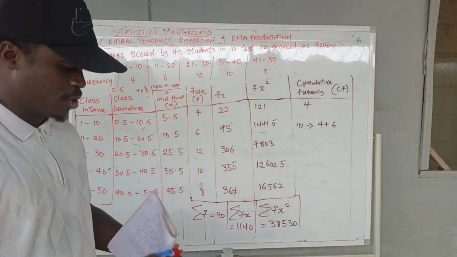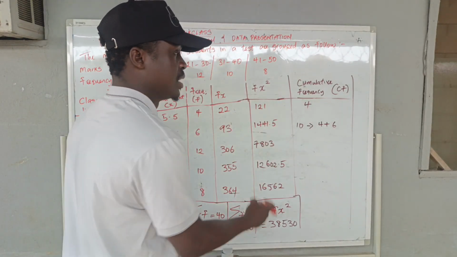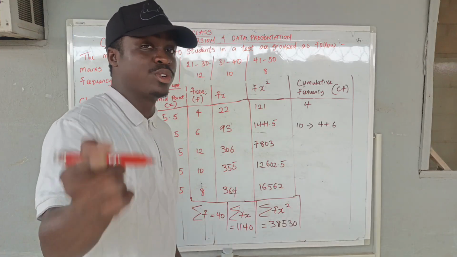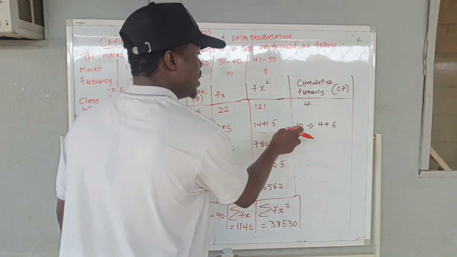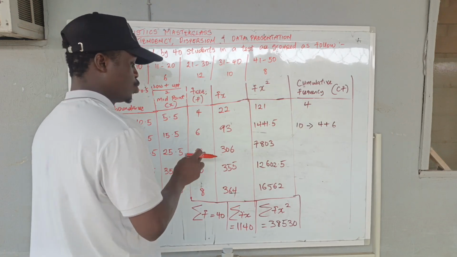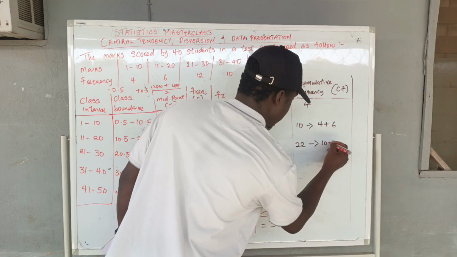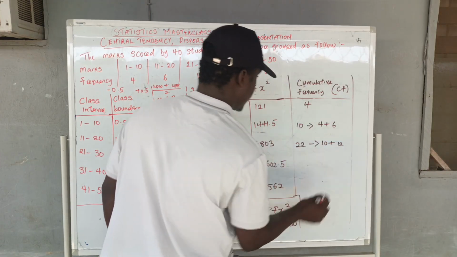So if you are to do the next one, 10 is now your new cumulative frequency. So this 10 has to be accumulated with the 12. This gives us 22. And how did you get that? 10 plus 12.